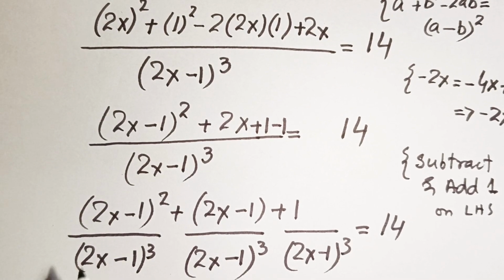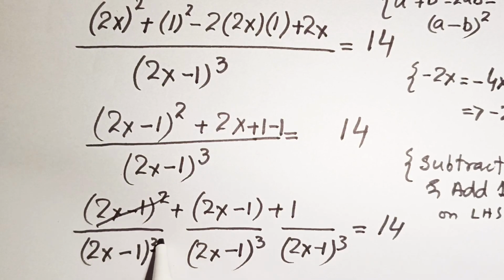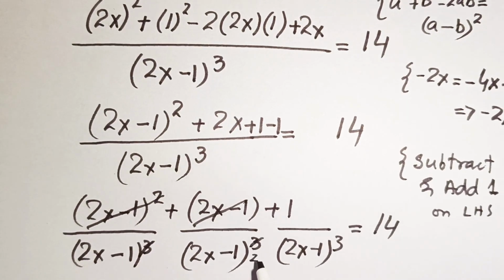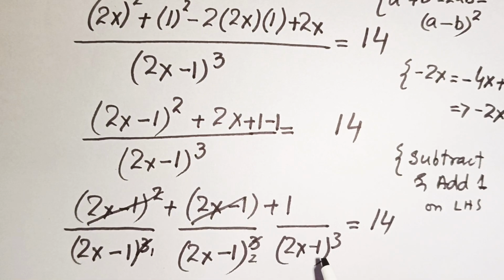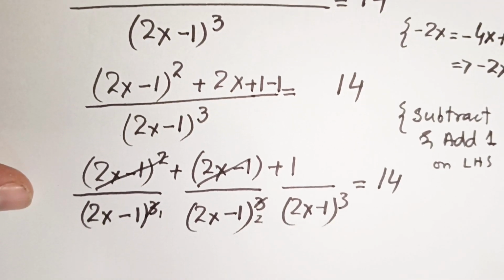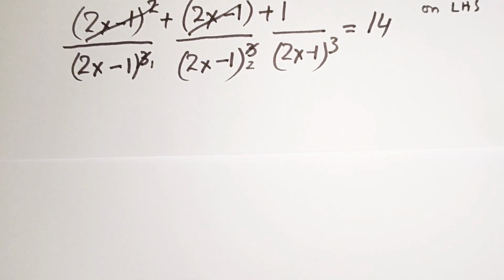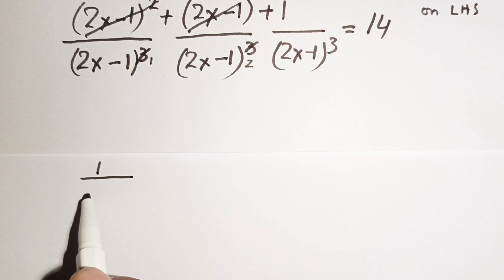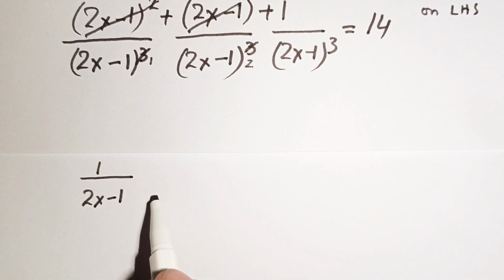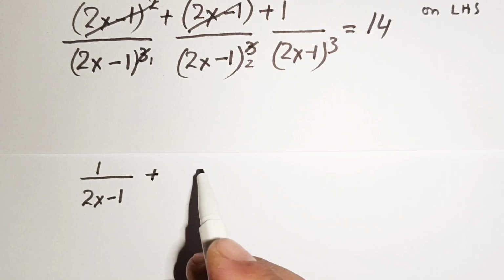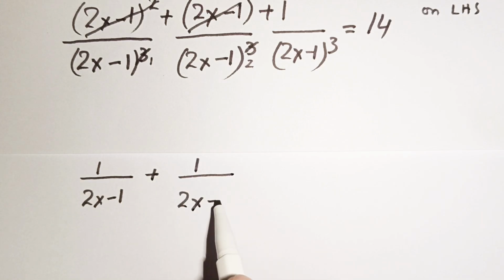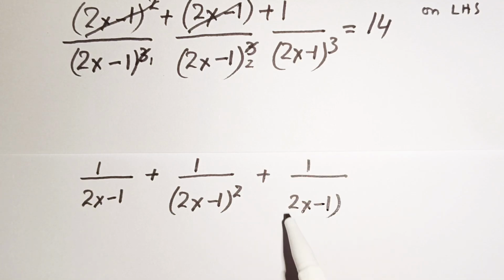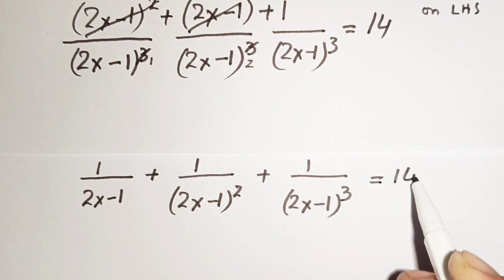Now we cancel the squared with the cube, and similarly 2x minus 1 with the cube, and we get 1 over (2x minus 1) to the power 1, plus 1 over (2x minus 1) whole squared, and plus 1 over (2x minus 1) whole cubed, that is equal to 14.